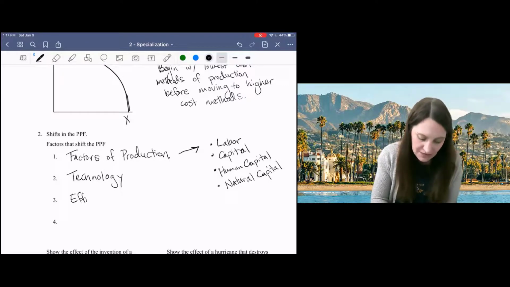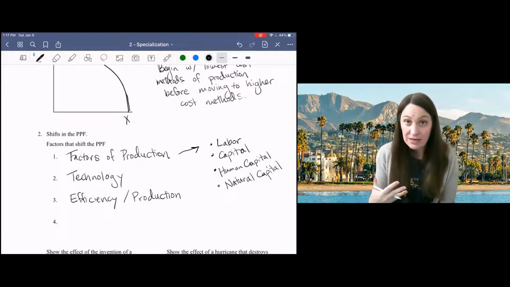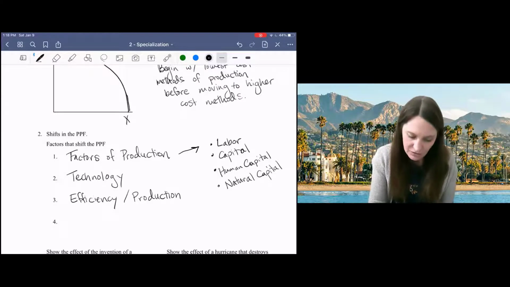Likewise, efficiency and productivity describe the way that we transform our resources into consumption goods. And so if we have a more efficient production process, or if we have more productive resources, then we might have the same number of people, but if they're more productive, then we're going to be able to produce more.